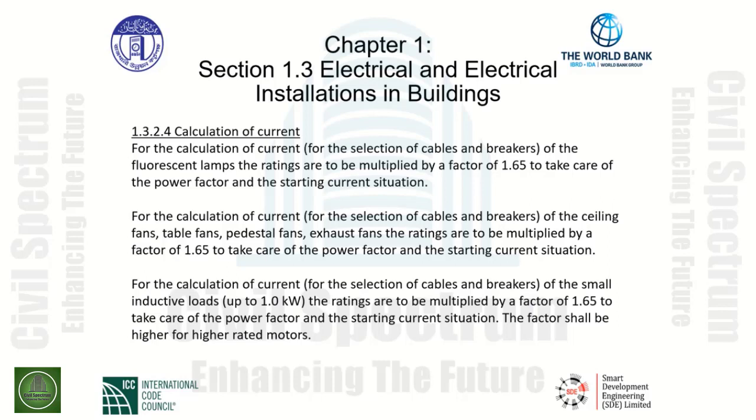For the calculation of current of ceiling fans, table fans, pedestal fans and exhaust fans, again, the ratings are to be multiplied by a factor of 1.65 to take care of the power factor and starting current situation as well.